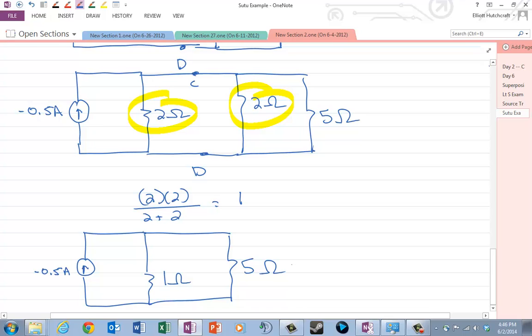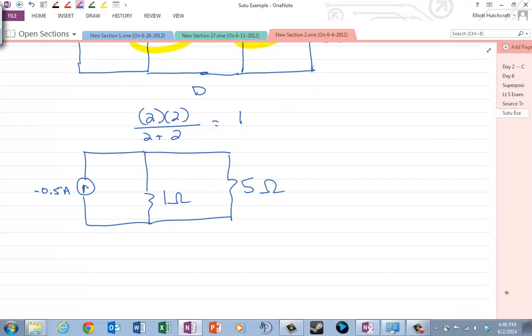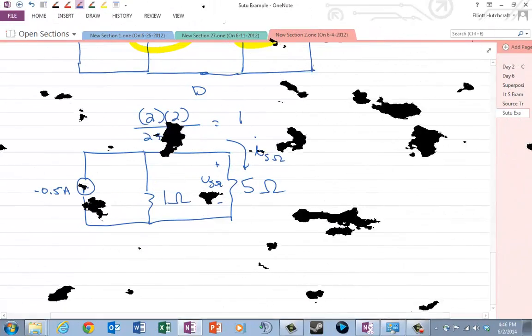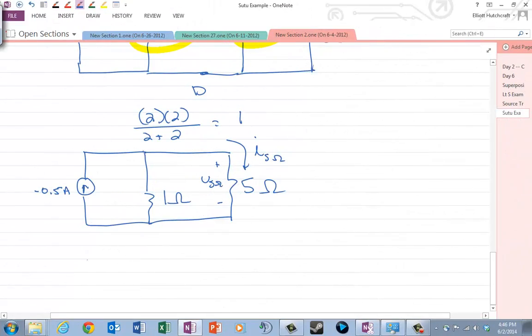And then, obviously, my goal was to find V5 or I5 ohm. I can just use the current divider law, and that will give me I5 ohm is equal to the total current. So the current coming in here in that branch is minus half amp. And so to use a current divider, I need to multiply by the resistance in the branch that I don't want to know.